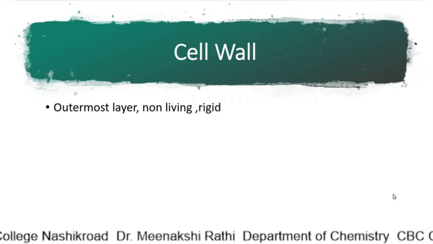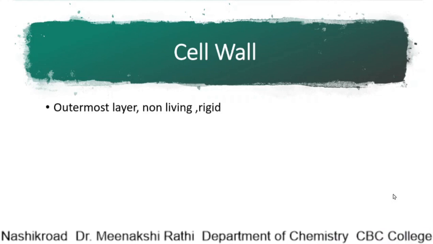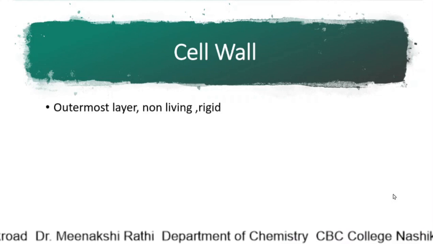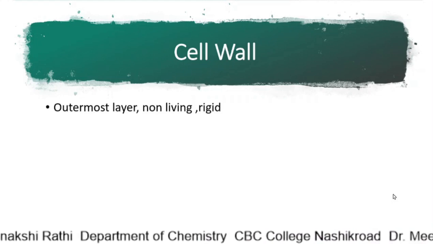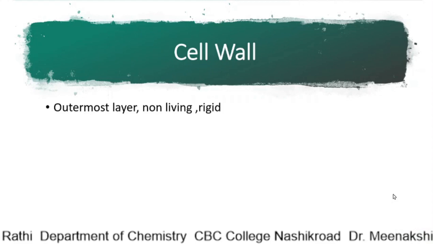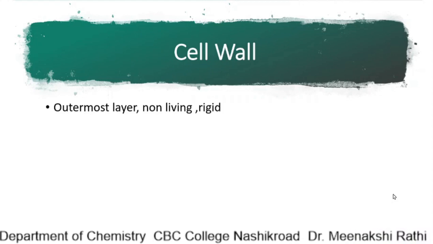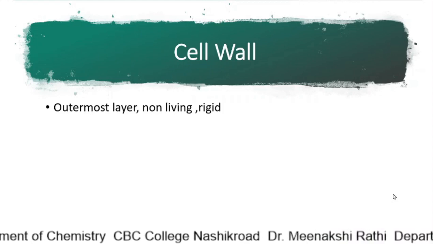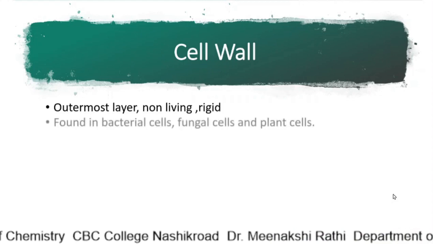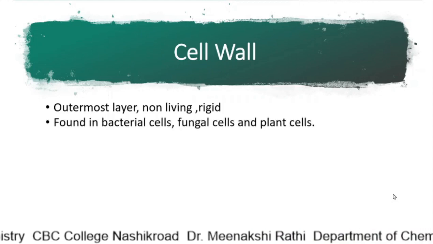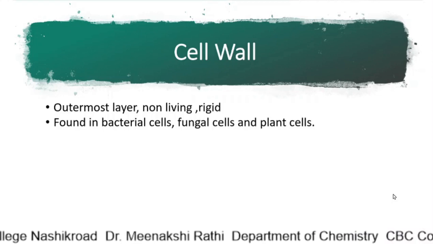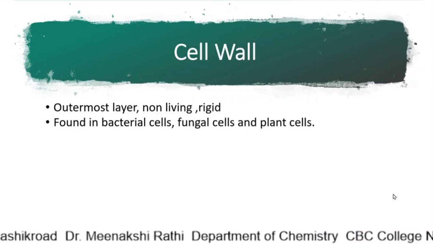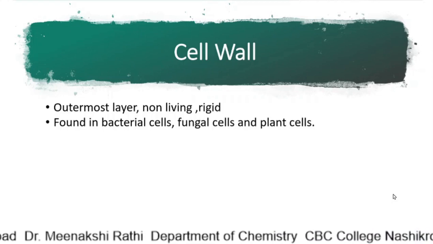It is the outermost part of the cell and is always non-living, though produced and maintained by living protoplasm. It is rigid also. It is found in bacterial cells, fungal cells as well as plant cells, but it is absent in animal cells.